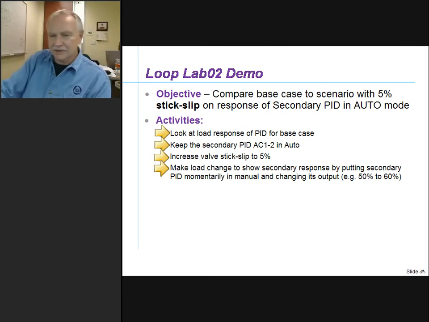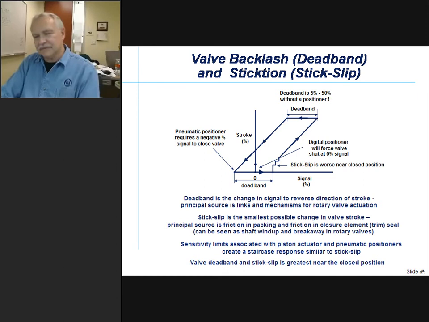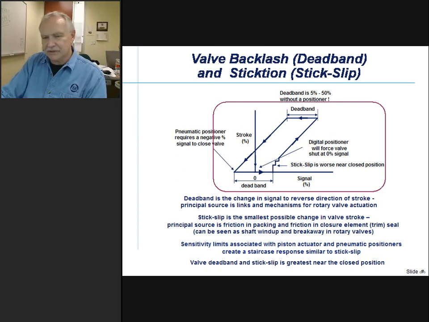Let's look at the causes and nature of this problem that we're going to be focusing on, which is stick slip and deadband. What we have here is a plot of stroke versus signal, and we have taken the signal all the way from 0 to 100% and then back from 100% to 0%.